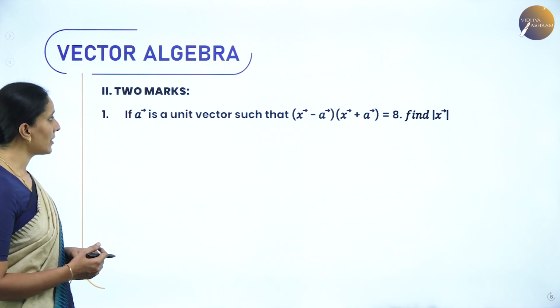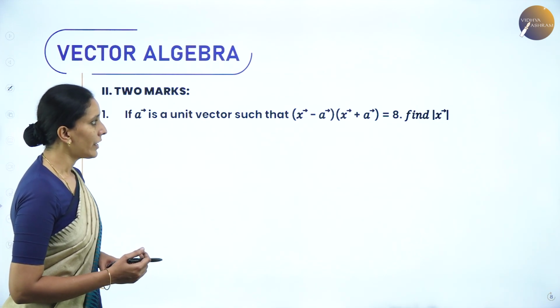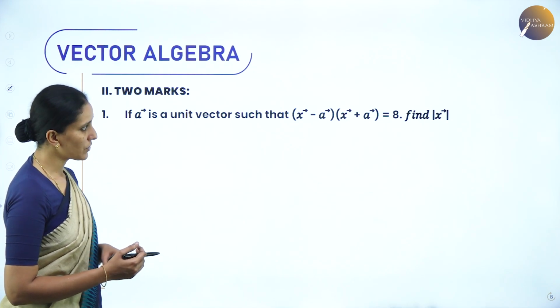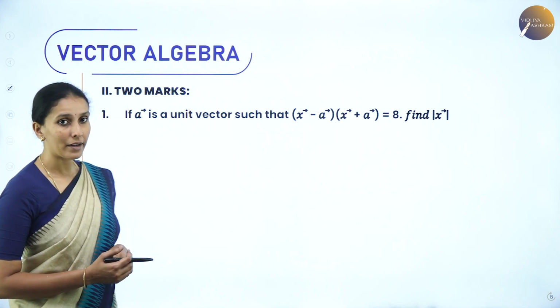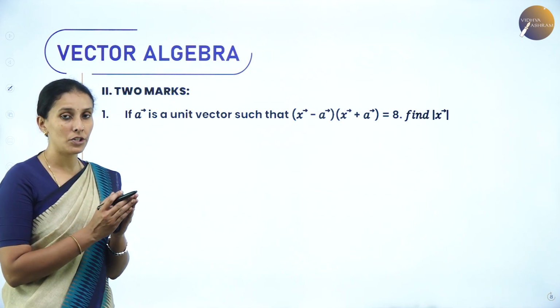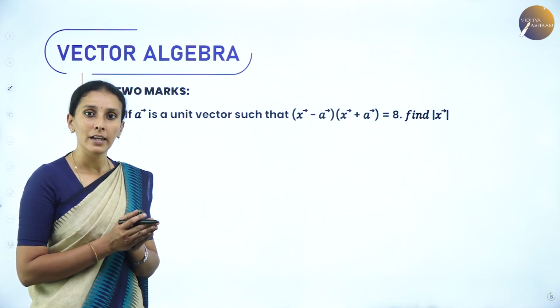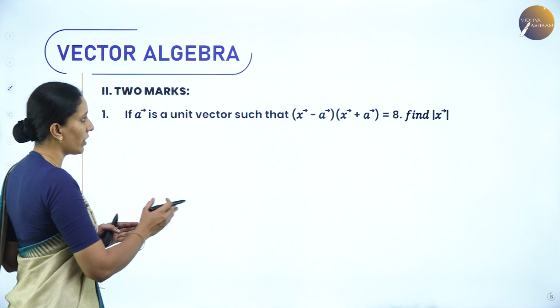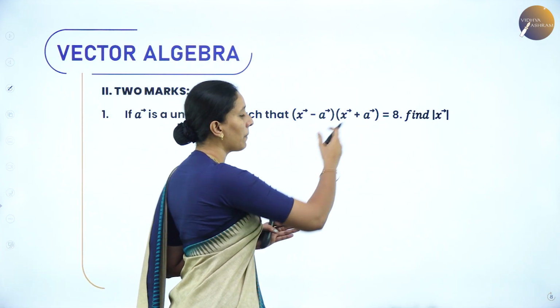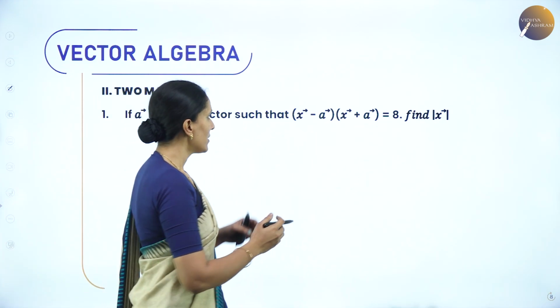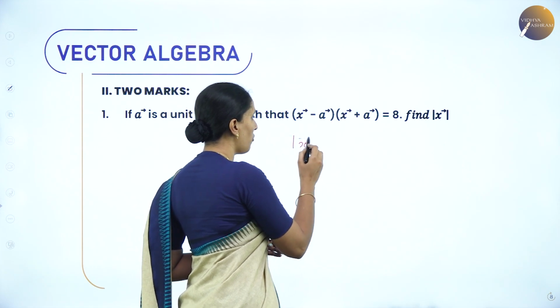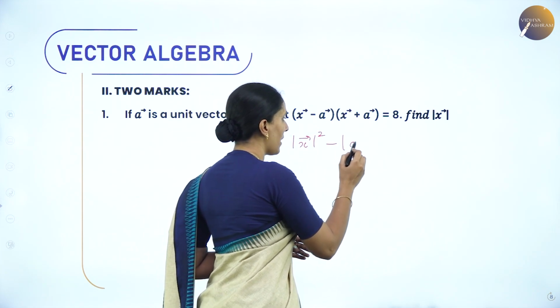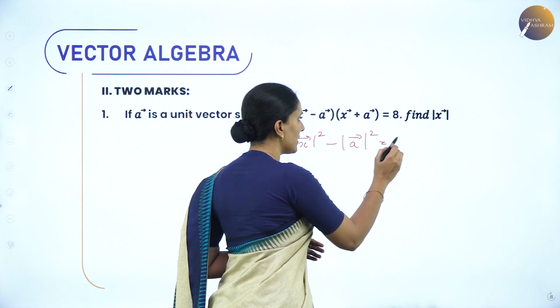If vector A is a unit vector such that (vector x minus vector A) dot (vector x plus vector A) is equal to 8, find the magnitude of vector x. When we say the magnitude, it is always the length of the vector and it should be positive. So if I apply the (A minus B)(A plus B) formula here, this becomes magnitude of x whole square minus magnitude of A whole square is equal to 8.